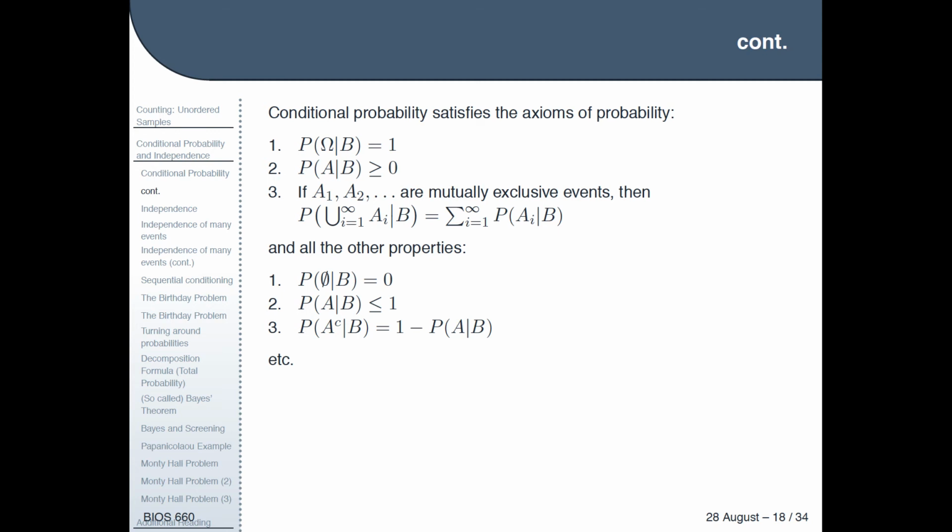Likewise, conditional probabilities are positive, and given a series of disjoint events, the probability of their union is just the sum of the individual probabilities. Similarly, the probability of the empty set is 0, the probabilities are less than or equal to 1, and the probability of the complement of an event is just 1 minus the probability of the original event conditioned on B.